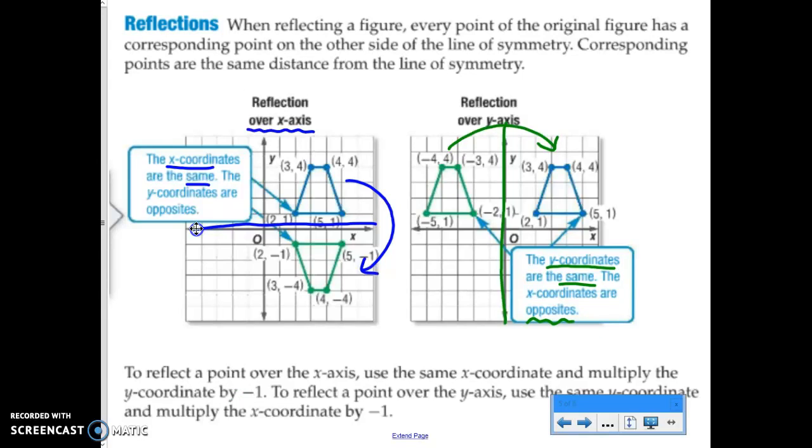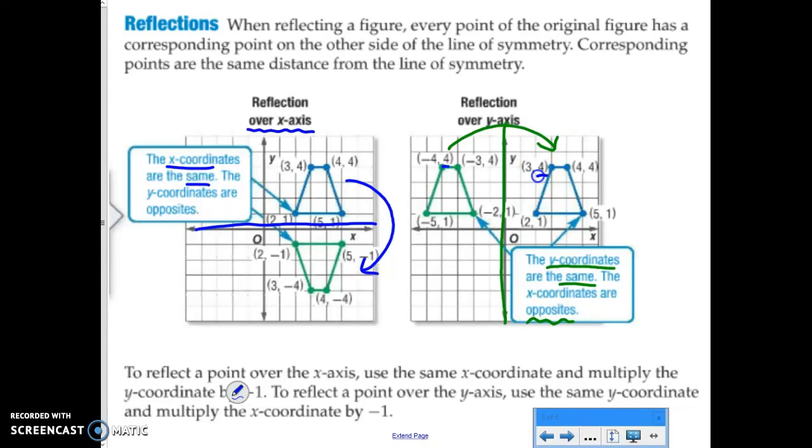Down at the bottom it says to reflect a point over the x-axis, use the same x-coordinate and multiply the y-coordinate by -1. To reflect a point over the y-axis, use the same y-coordinate and multiply the x-coordinate by -1. Well, doesn't that make sense if we take a look at the one on the right here? If I'm flipping over the y-axis, I know my y stays the same.